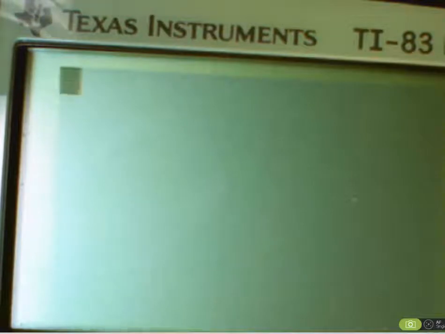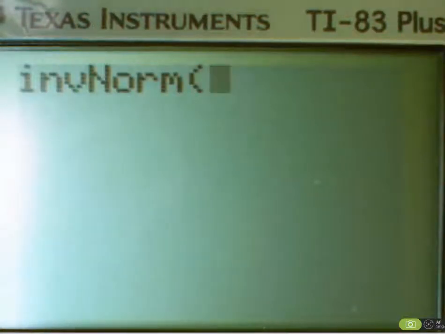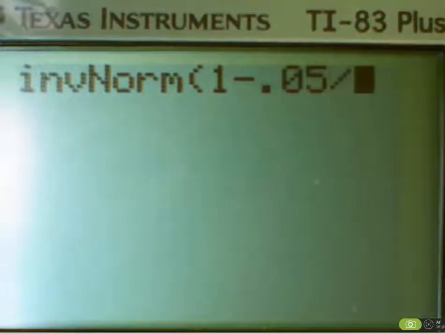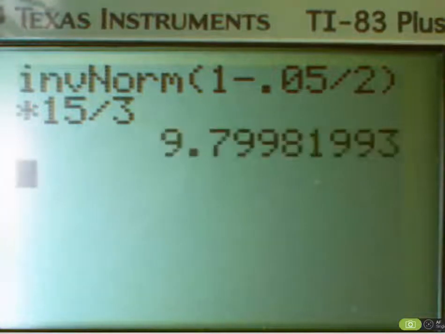Z sub alpha over 2 for a 95% confidence level is inverse norm of 1 minus alpha over 2, 0.05 divided by 2, close parentheses, multiply that by the standard deviation, which was 15, and divide that by the margin of error, which was 3, and I get that value to be 9.799.